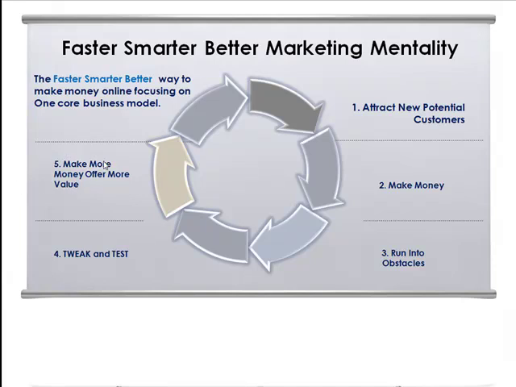The solution to the problem will make you more money than you did before you ran into the obstacle. And you end up making more money, and then it allows you to offer more value to your customers and put more advertising out there, and you will attract new potential customers. You'll take those new customers and turn them into money. You'll run into more obstacles. You'll test and tweak, and then you'll make more money than you did again, and the cycle will continue.